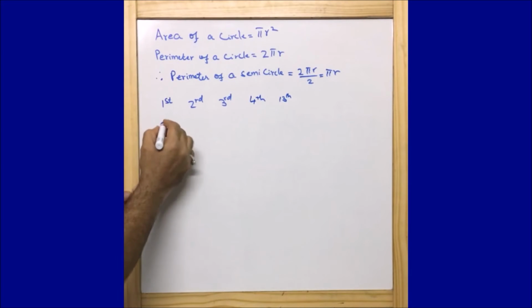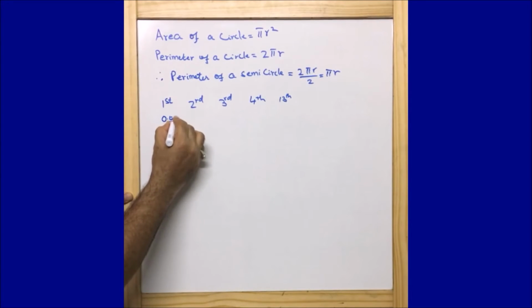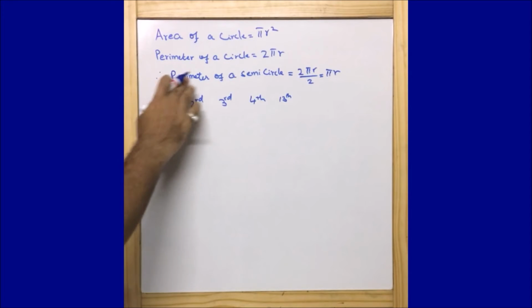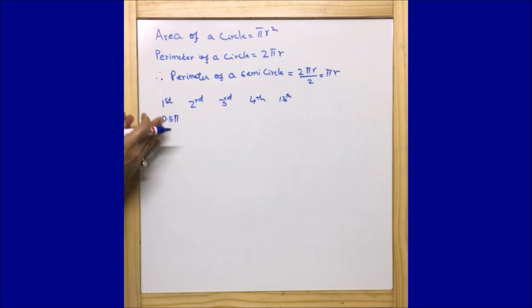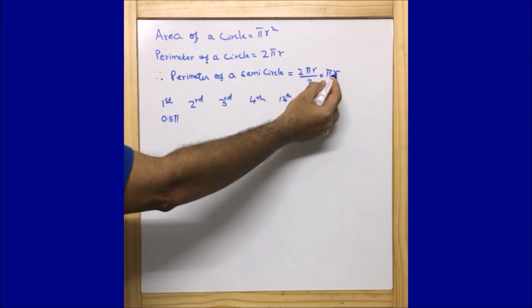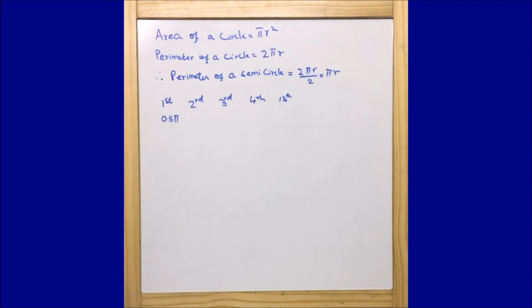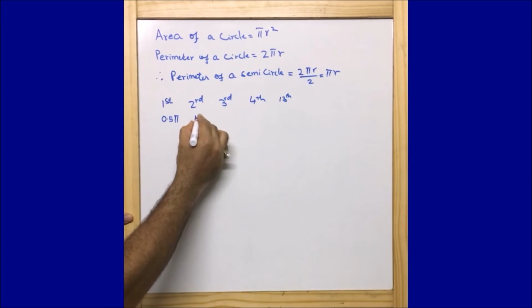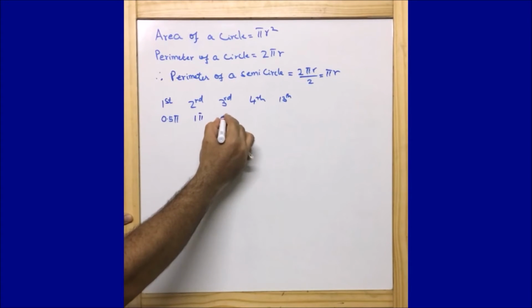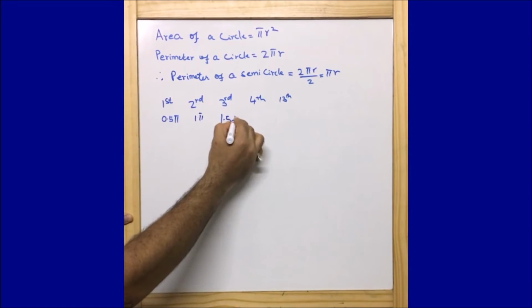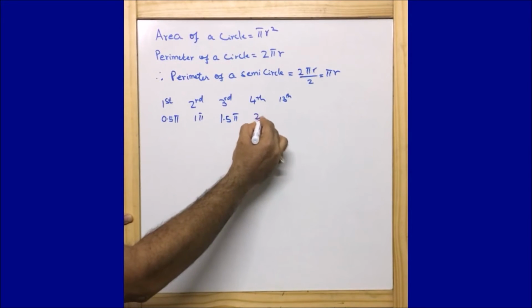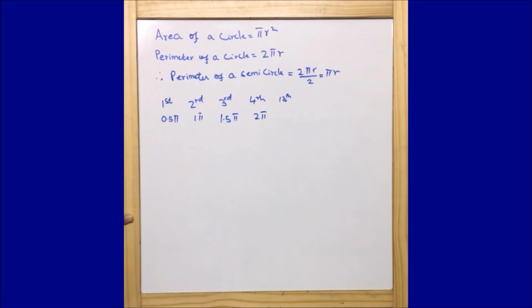Now first term they have given the radii is 0.5, that means 0.5 pi, because it is the perimeter of a semicircle, that means the length of the first is 0.5 pi. We calculated pi r, here r is 0.5. And the second one will be 1 pi, third one will be 1.5 pi, fourth one will be 2 pi, and 13th one we don't know.